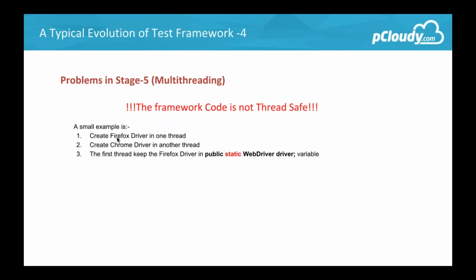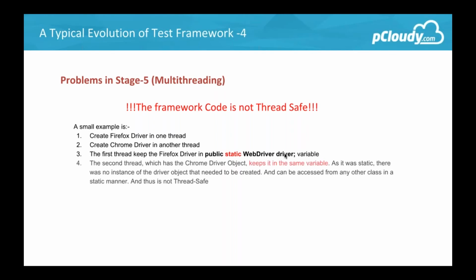The second thread, which has the Chrome driver object, also keeps it in the same variable. Because it was a static variable, there was no need to instantiate a class, and it can be accessed from anywhere in a static manner, and thus it is not thread safe.